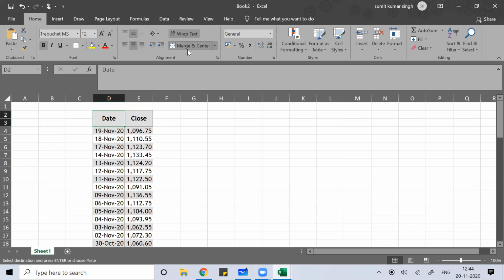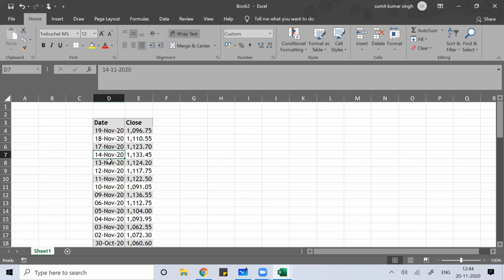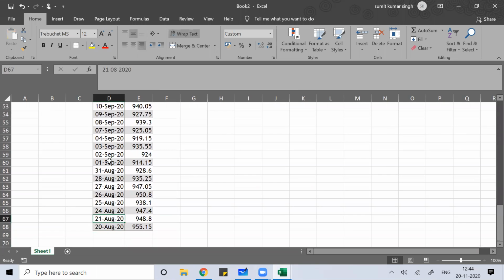Now you can see this, so that filter will work. This is the closing price of Infosys. You can see the last 3 month data of Infosys.